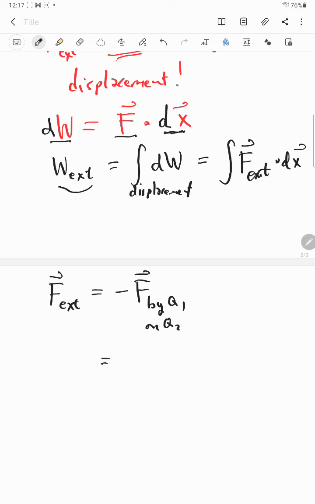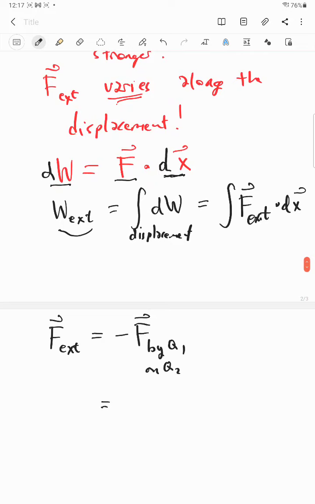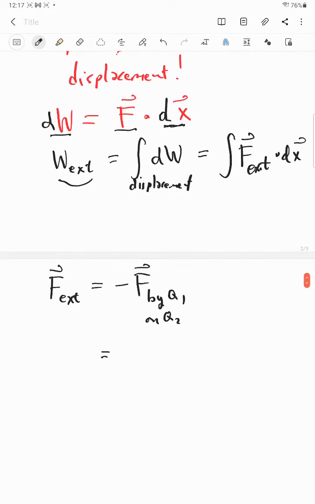Right? So if I want this to be the case, the force by Q1 on Q2, because electric field is a fundamental thing, let's do this in terms of the electric field.